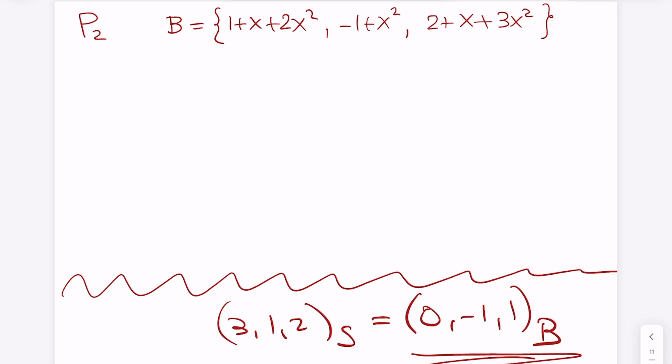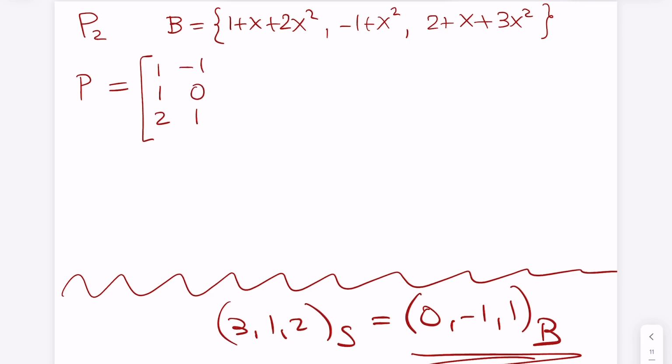So first, according to the result, we need to calculate the matrix P, which is simple: write down the vectors of the new basis as columns, just as they are. The first vector here is 1, 1, 2. The second vector is -1, 0, 1.